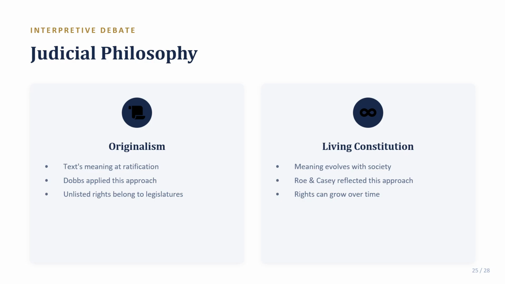And as you see, it notes that Roe and Casey reflected that approach, building an abortion right incrementally from the privacy precedents that themselves developed gradually over decades in response to evolving social understanding.